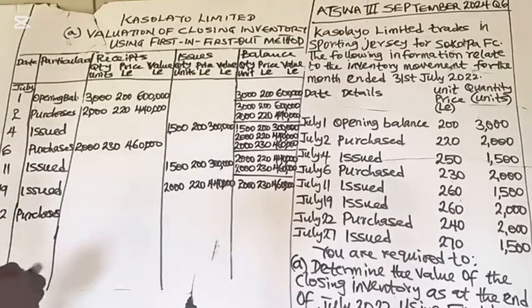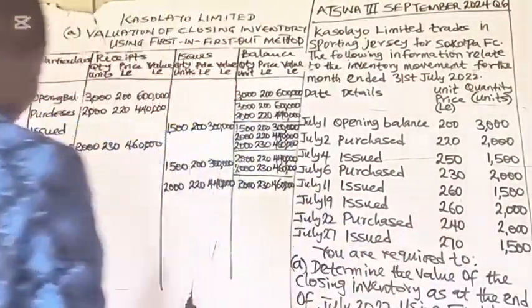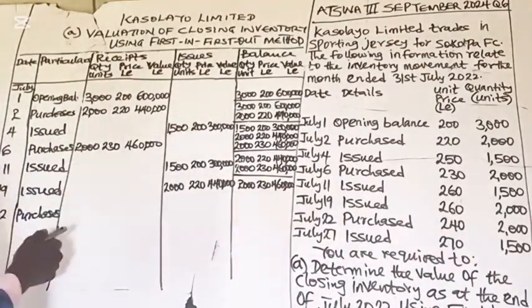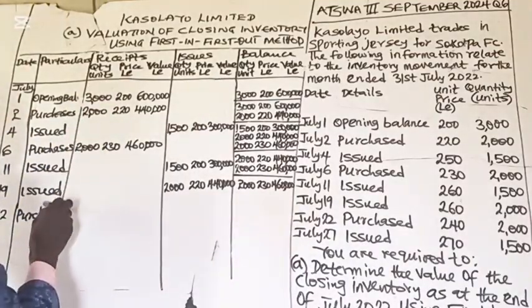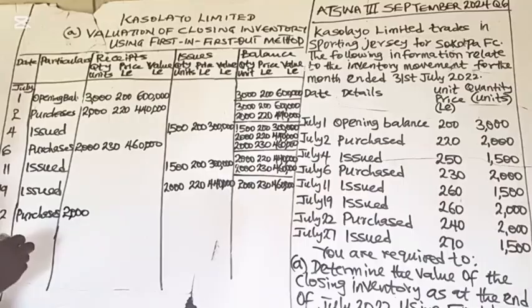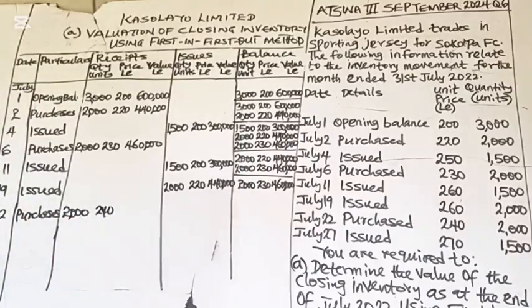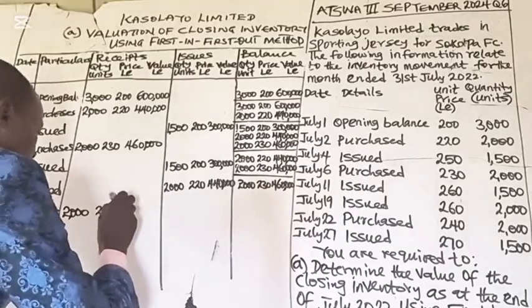The units bought is 2,000 units at the price of 240. So purchases will be recorded in the receipt column: 2,000 at the price of 240. 2,000 times 240 gives us 480,000.